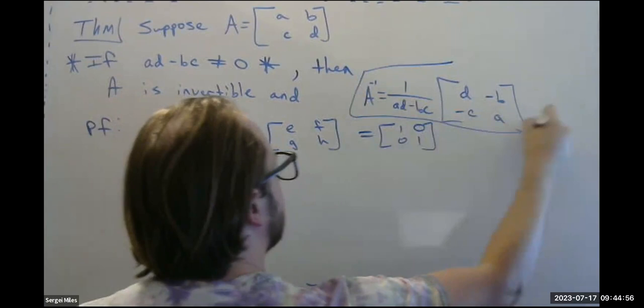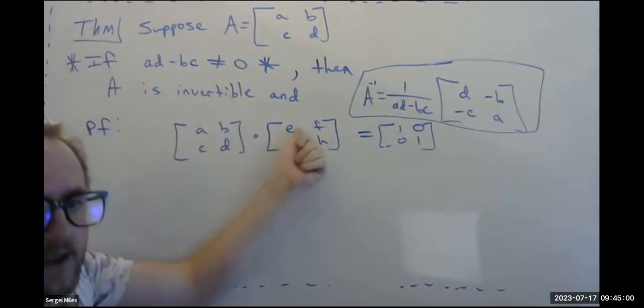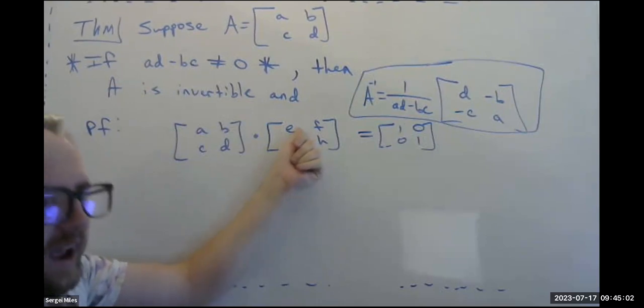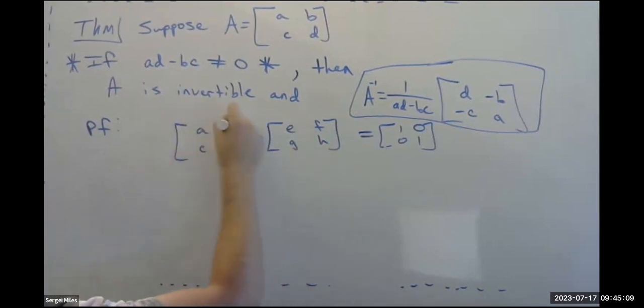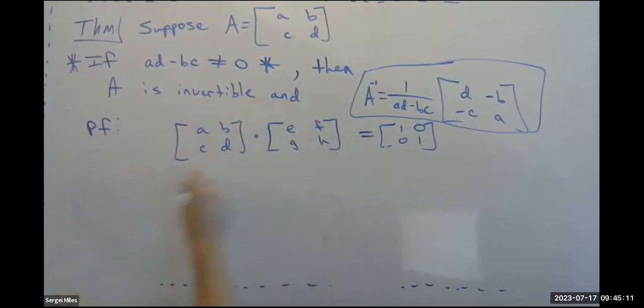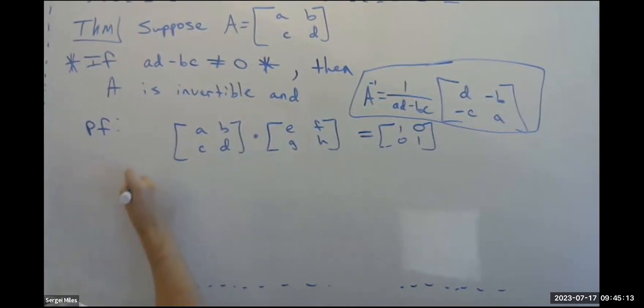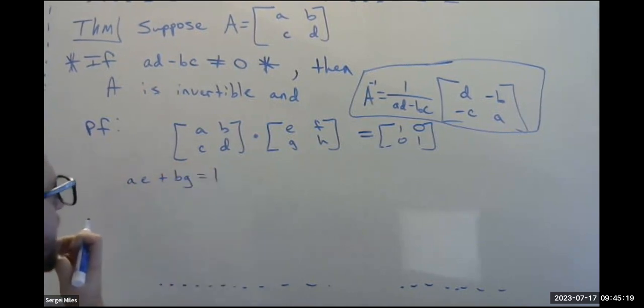Okay, formula. I want to know, okay, what matrix, right? What does E, F, G, H have to be? I want to solve for E. I want to find out what does E have to be, okay? Well, if I do the dot product, I'm going to multiply across the row down the first column. I'm going to have A times E plus B times G equals 1.